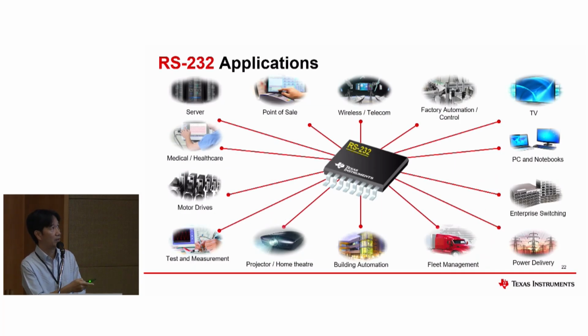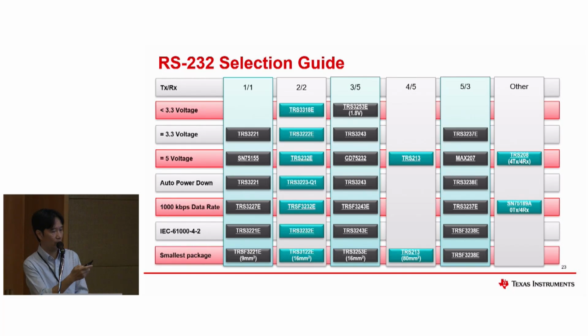One more thing: RS-232 is one of the most common interface standards, and most of us have worked with this standard, and it can be used in many different applications. The point here is that depending on how many transmitters or how many receivers you need, you can select the suitable part number.